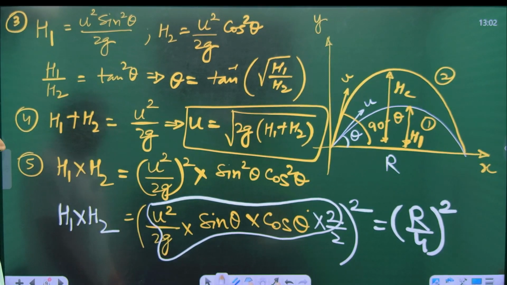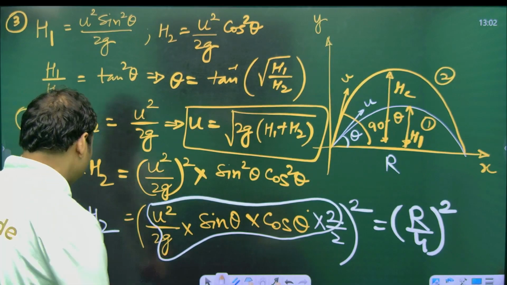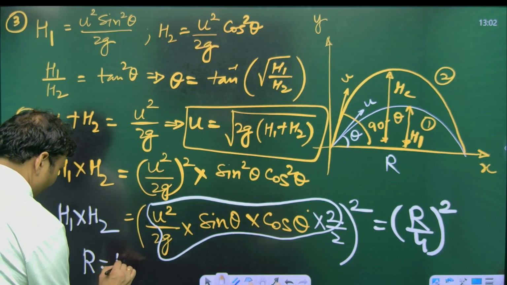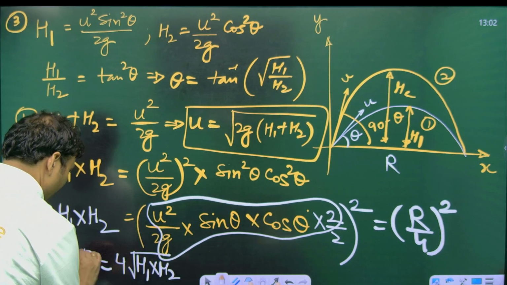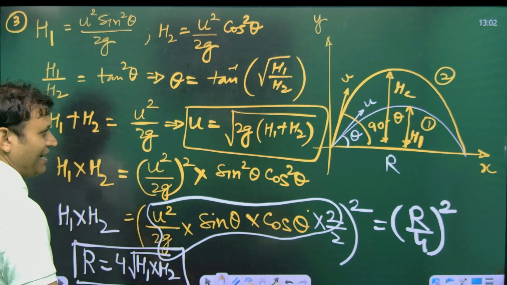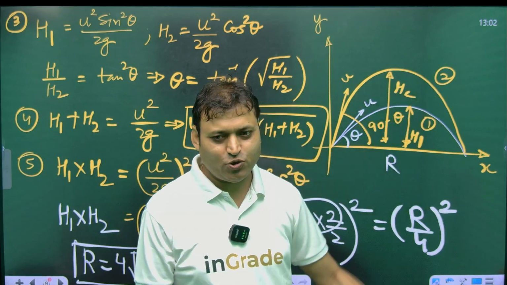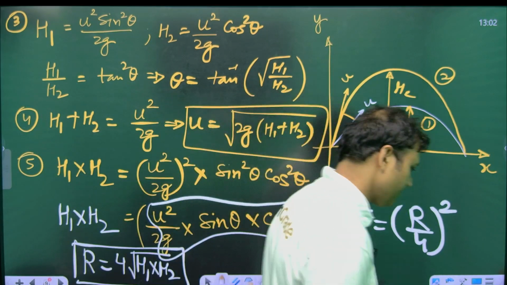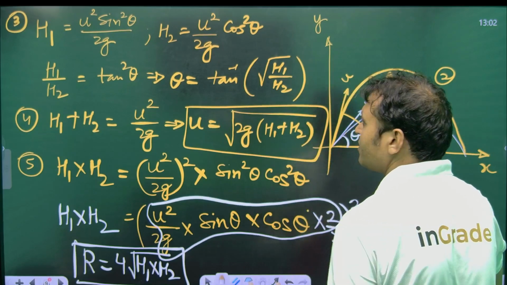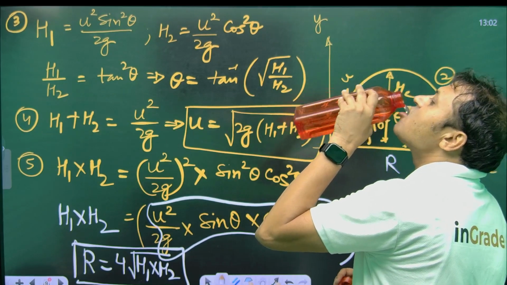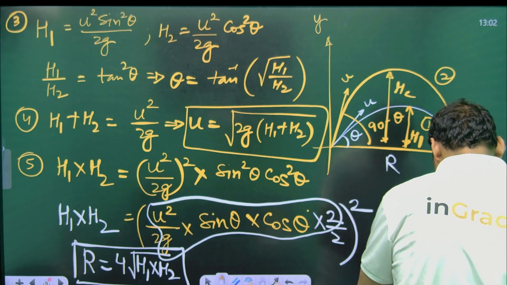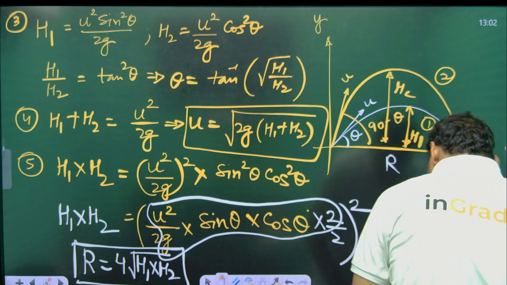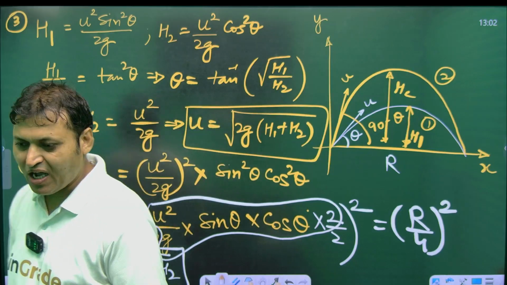So R will be equal to 4 times under root of H1 into H2. That is the relation between range and H1 and H2 simultaneously. I hope this is clear.